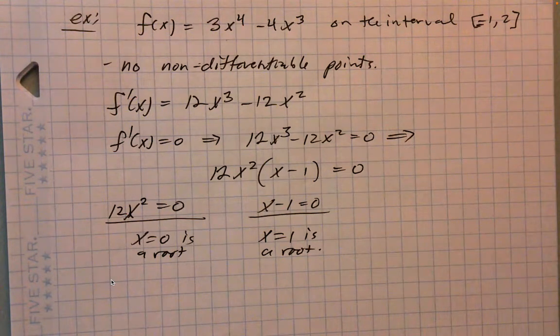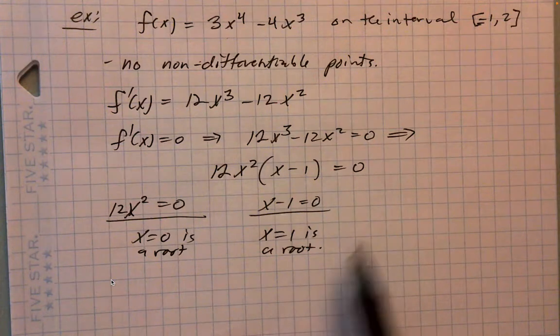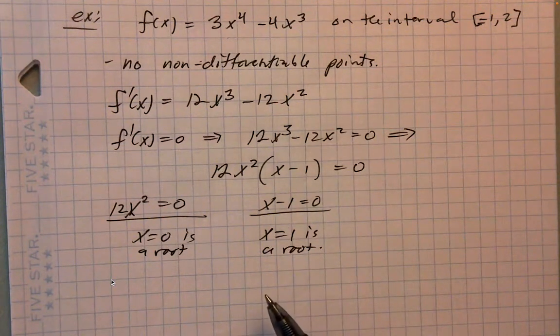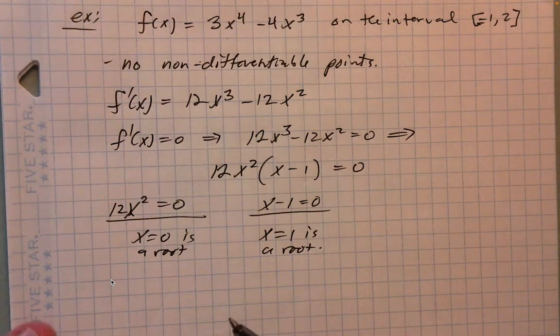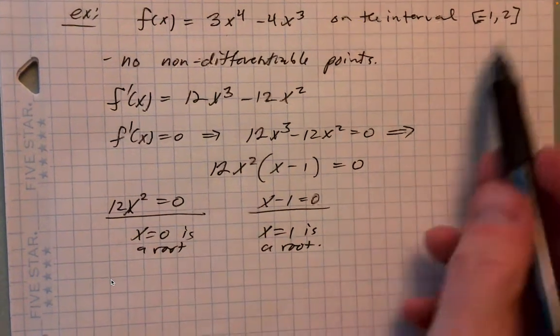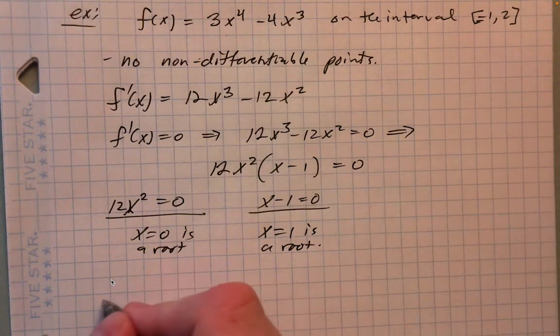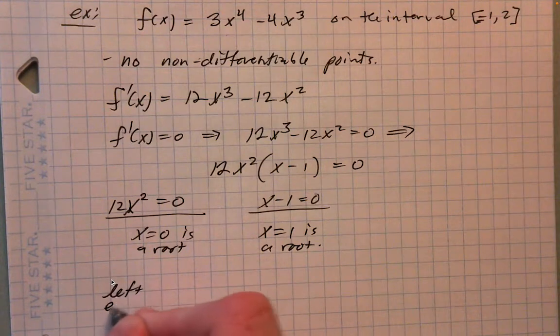Okay, let's summarize what I have here. Step 1 was to find all the critical numbers. We've done that. Now step 2 is going to be to evaluate f at each of the critical points. So let's put everything together here. You've got the left endpoint, which is -1. I'm going to write that in here.